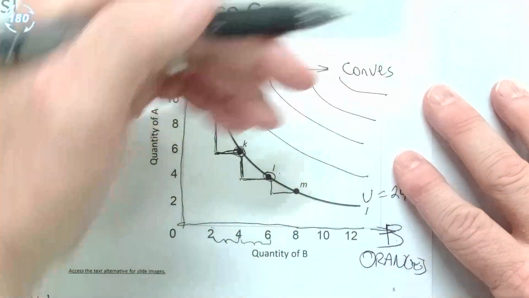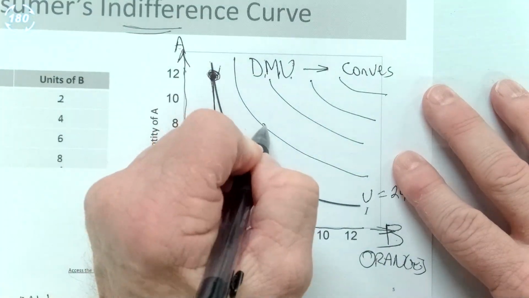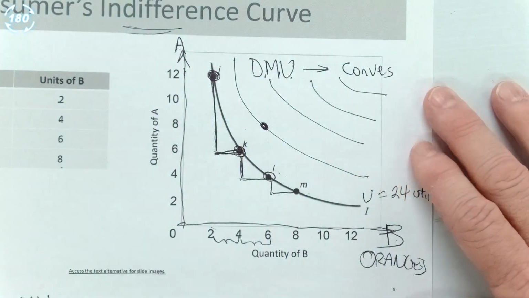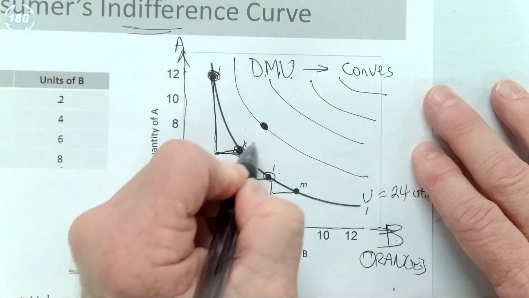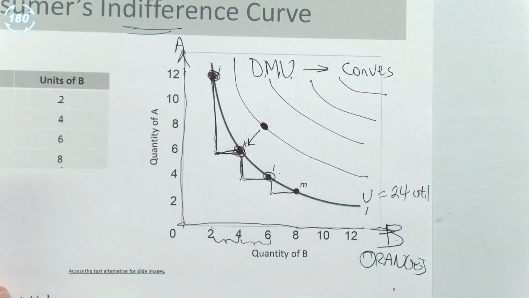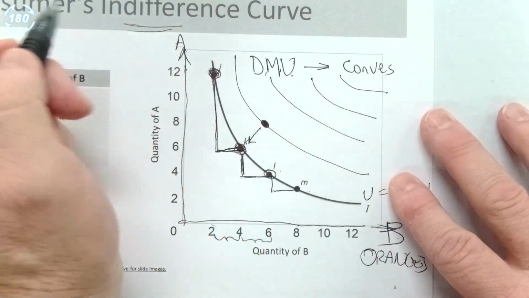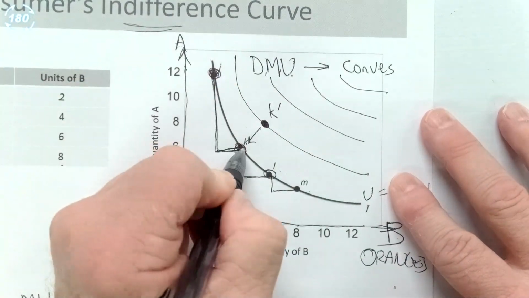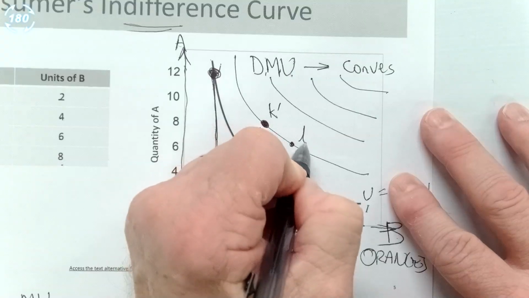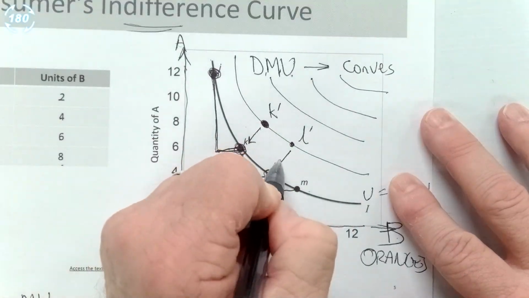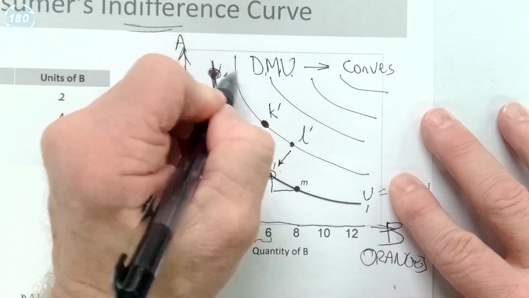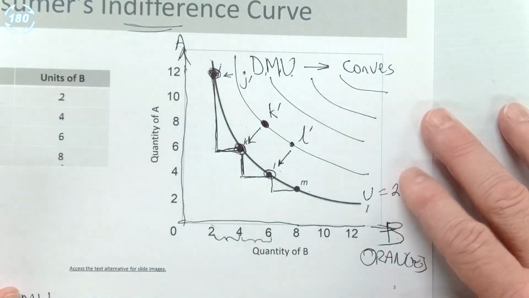As you go out, say, from this bundle, and you compare it to this one on another utility curve, you get more satisfaction on this one than on this one. And this one here, I could call it K prime, perhaps, because this is K, is equivalent in utility to L prime, which is equivalent in utility to J prime.